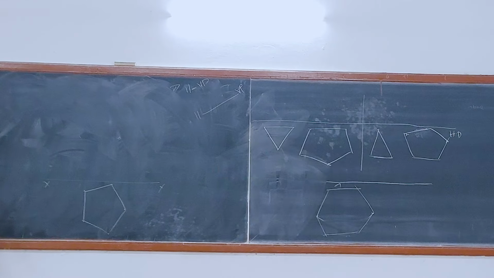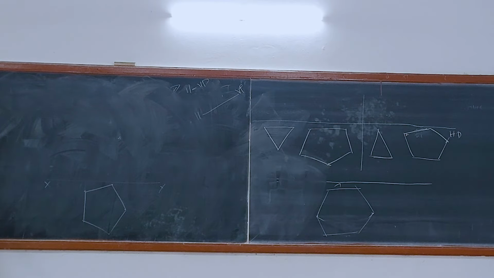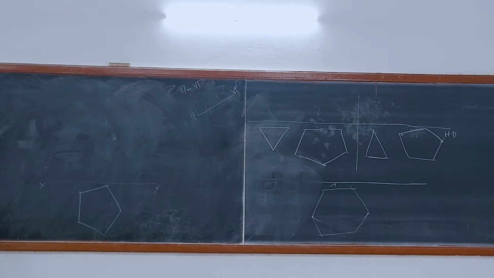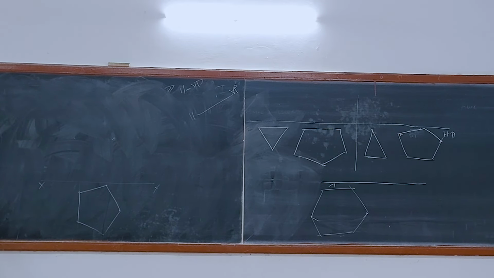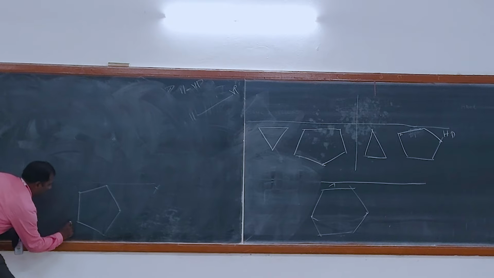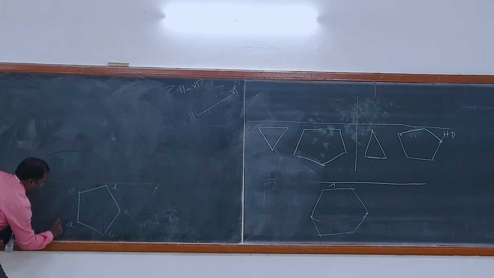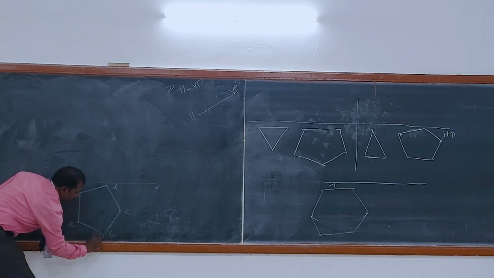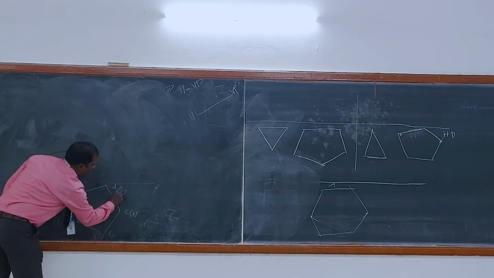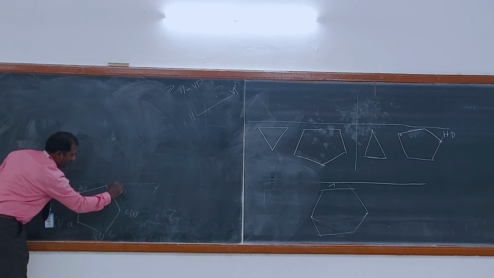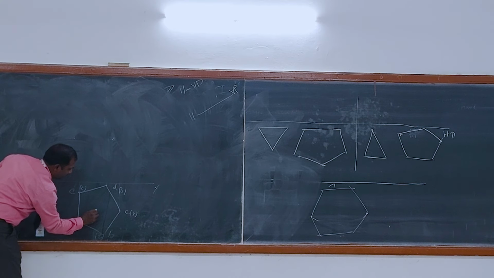Any doubts? Prism or pyramid? Prism, right? How many names do we have to give for the pentagon? Two names: A, B, C, D, E and P, Q, R, S. Extend all the corners. Find the center and extend it also.